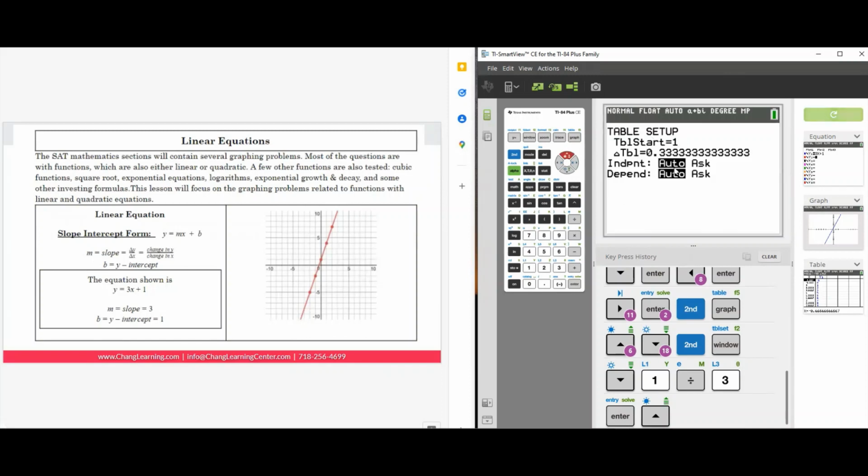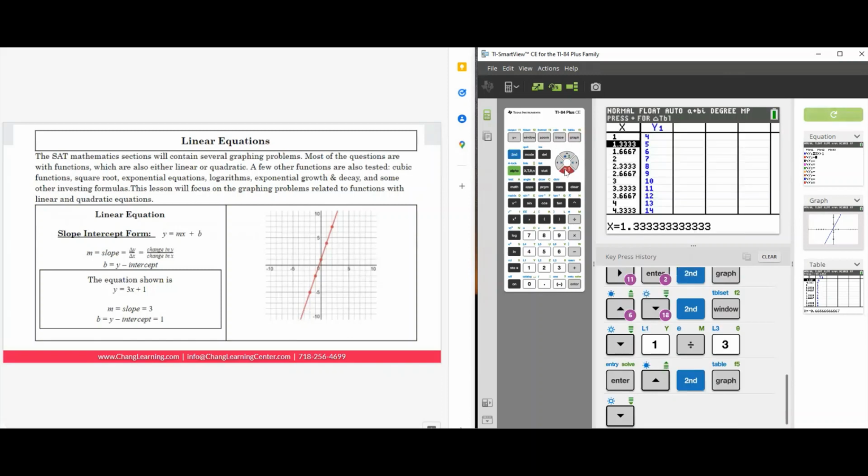So then we'll still get all the integers, but we should also get steps of 1/3. And sure enough, if you look back at the table, it's 1, 1 and 1/3, 1 and 2/3, 2, 2 and 1/3, 2 and 2/3, 3, 3 and 1/3, 3 and 2/3, 4, etc. So now the input values are skipping by 1/3.